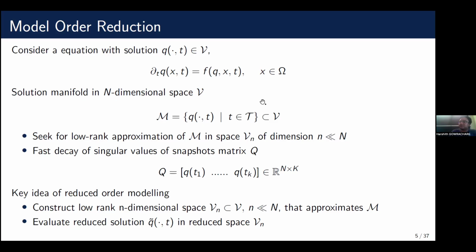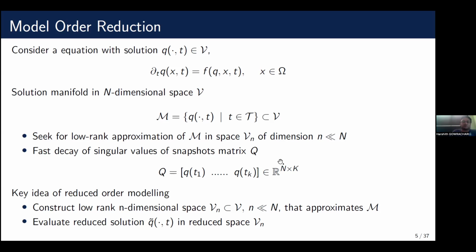Model reduction is basically seeking a low rank approximation of the manifold M in a space V_n of dimension n, which is much lesser than N, which we can obtain mainly by having a fast decay of singular values of your snapshot matrix, which contains all the solutions for the given K time instances or parameters.